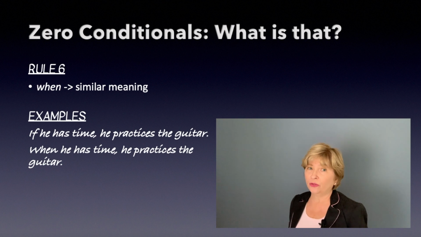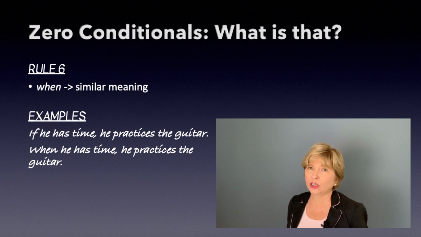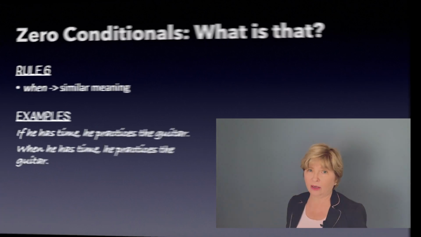When we use if, that means maybe it will happen and maybe it won't. According to this definition, he might not ever have time to practice the guitar. When we use when, we know that he will have time to practice the guitar. He might not know when he will have time, but he'll have time, and that's when he'll practice. You can use when or whenever. Either work just fine, and they mean the same thing.